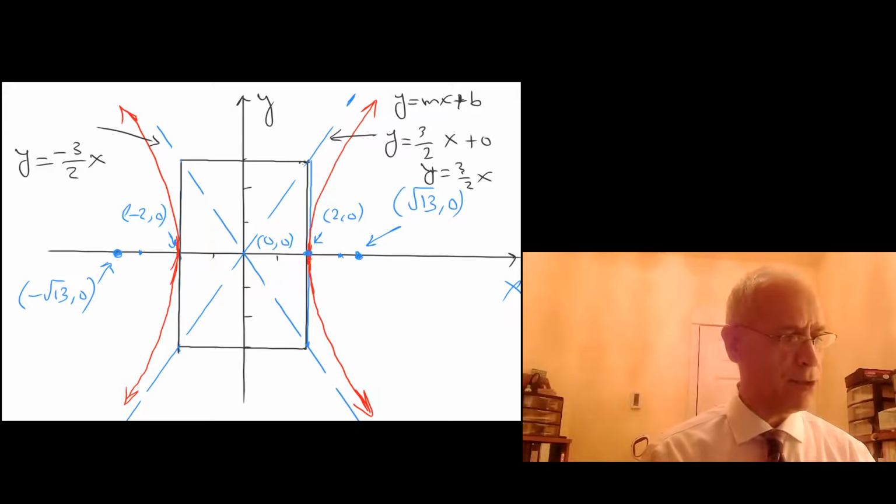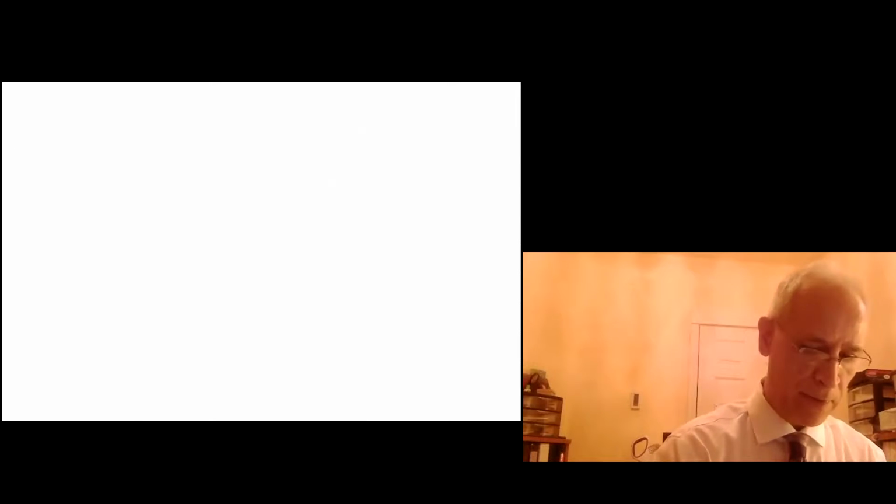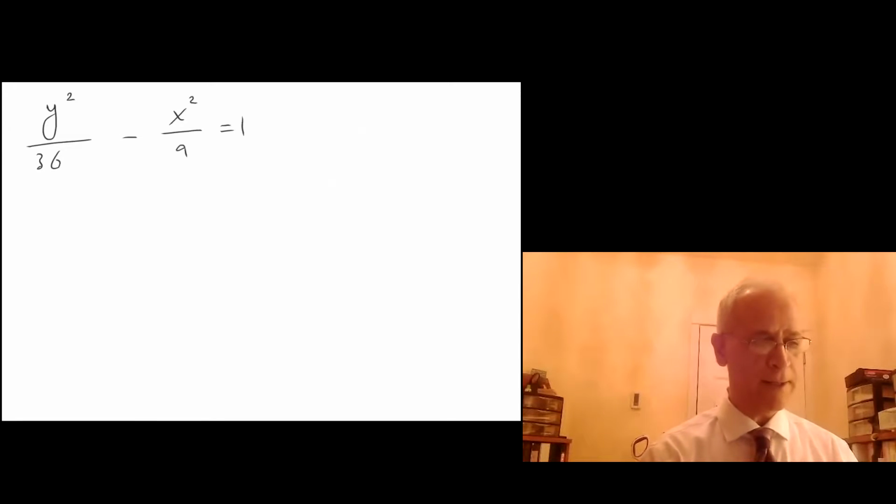Let's do one that's actually opening up and down. Let me go to the next page, and something like y to the second over 36 minus x to the second over 9 equals 1.